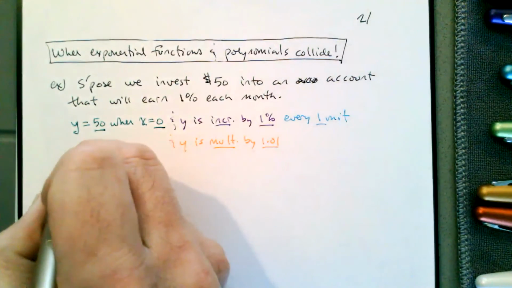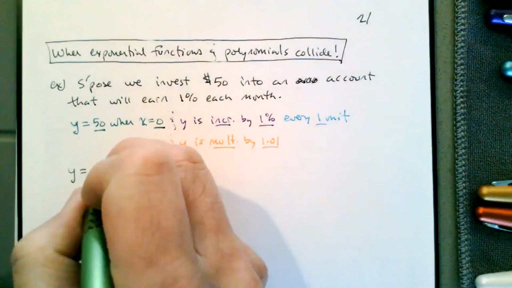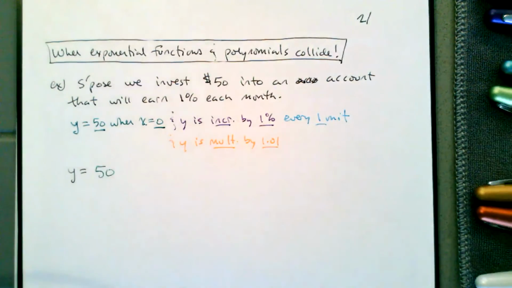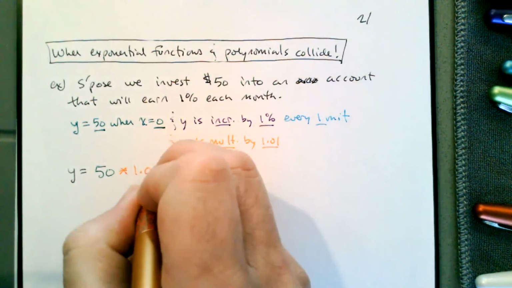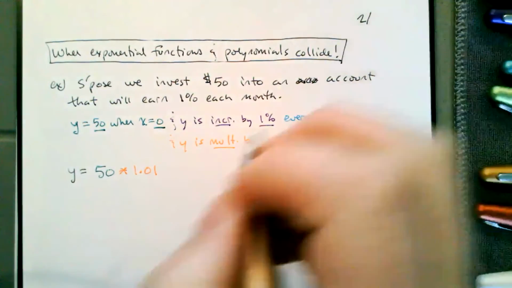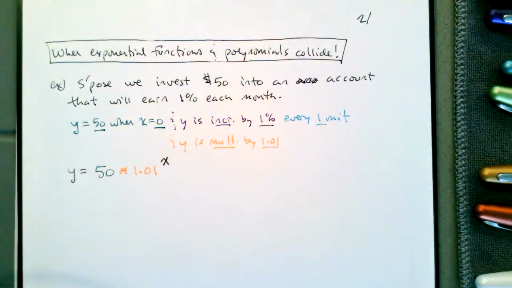We could say that y is equal to 50 times 1.01 to the x. I'm going to say to the x since it's every 1 unit. Now we have some stuff to work with. We've taken our simple scenario and translated it into math.